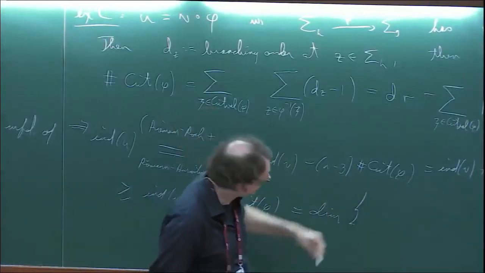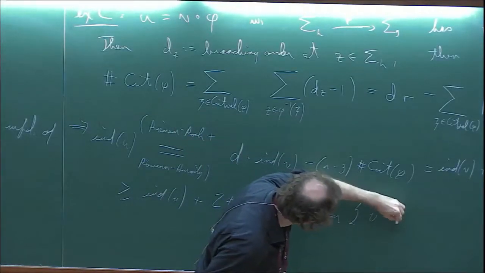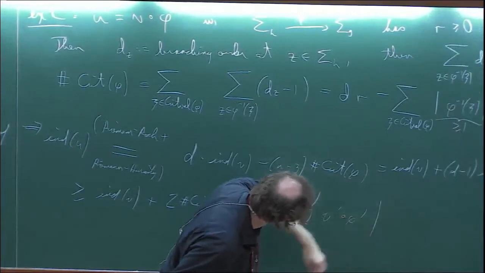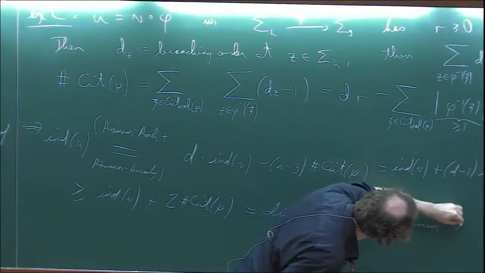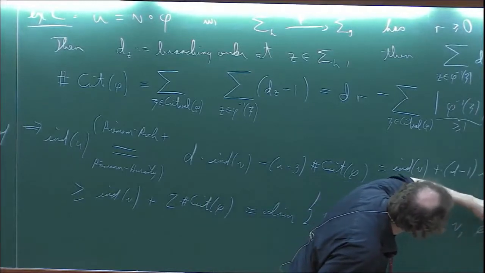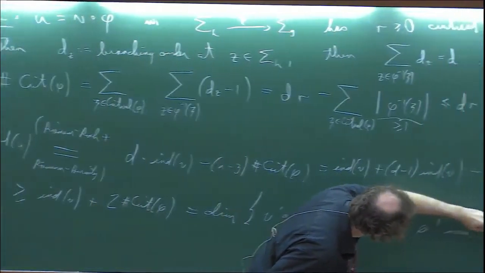What it tells you is if you have this numerical relation, then since this number turns out to be exactly the dimension of the moduli space of holomorphic curves of the form v prime of phi prime, so v prime is a simple curve close to v, and phi prime is a d-fold branched cover close to phi.